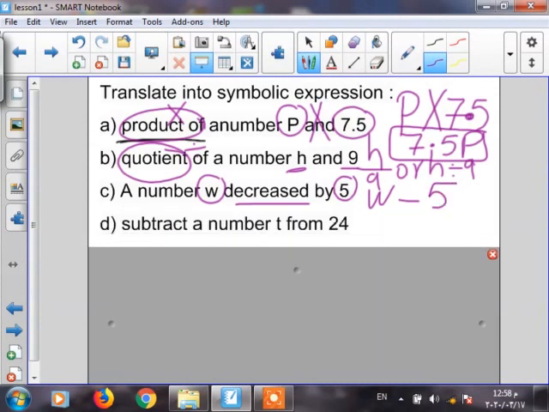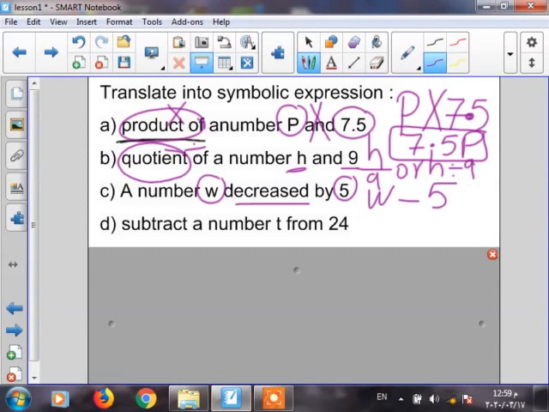The next one, I want to subtract a number T from 24. How can I make this?